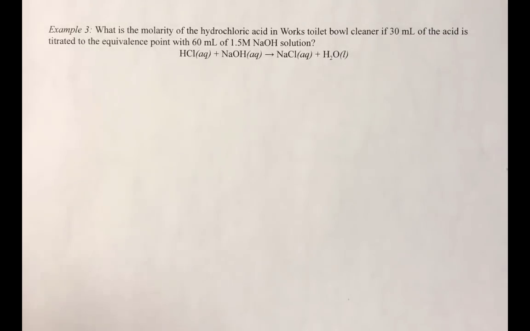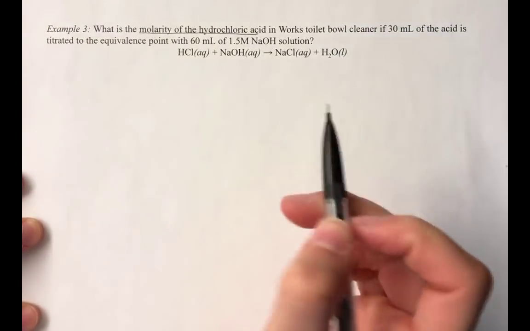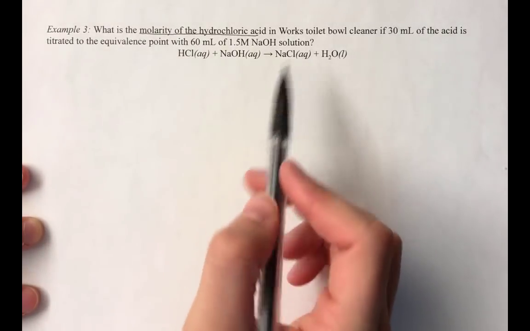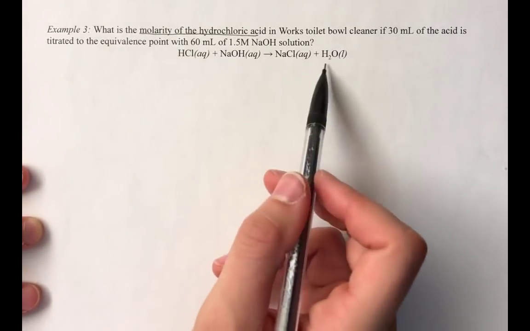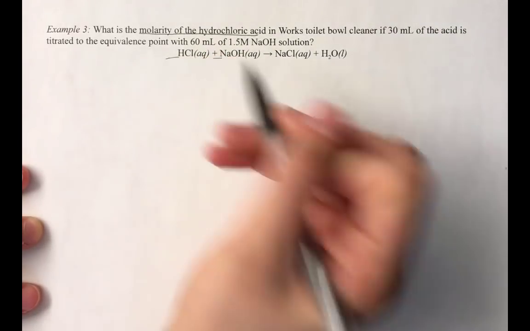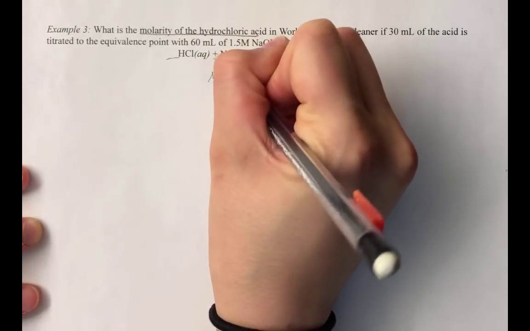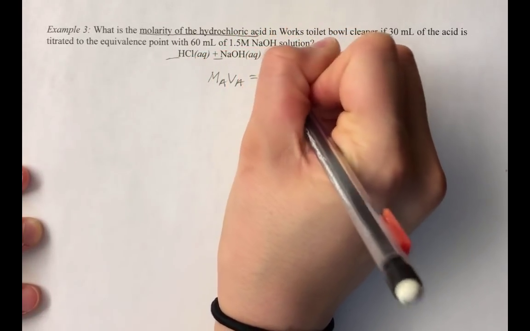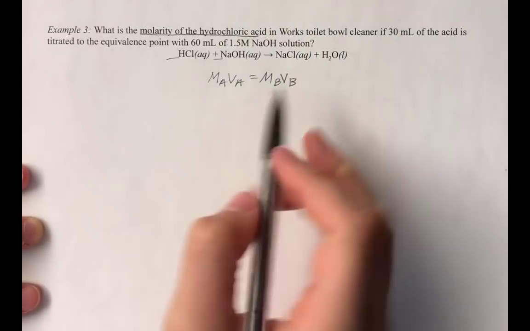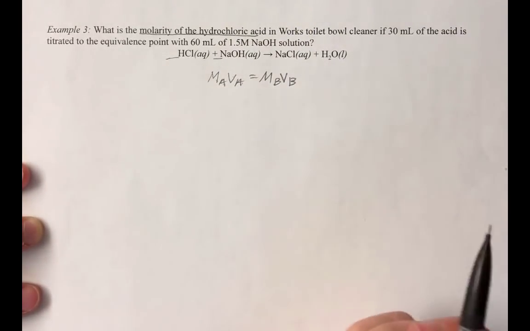So in example 3, it's asking us to find the molarity of HCl. So let's check and make sure we have a balanced equation. So everything here is balanced. Because this is a 1-to-1 ratio of acid to base, I can use MaVa equals MbVb. Molarity of the acid times volume of the acid equals molarity of base times volume of base.